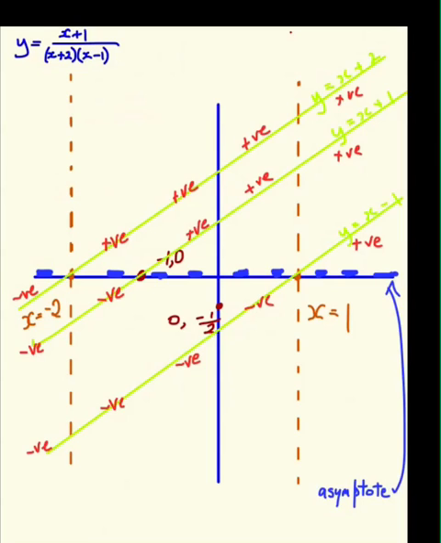Now, look at the equation. I have a negative value for x plus 2. So this piece will be negative below negative 2. This piece will be negative. Negative times negative is positive. X plus 1 is also negative. So the answer to this is negative.